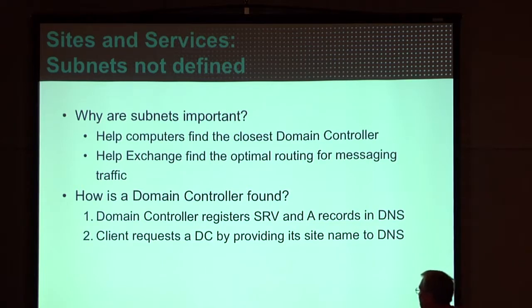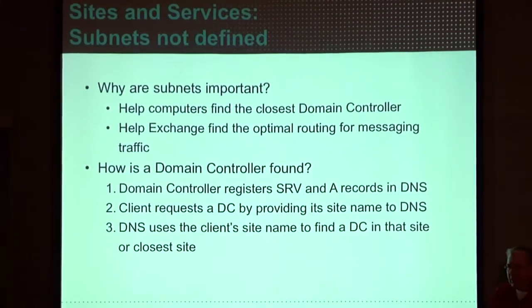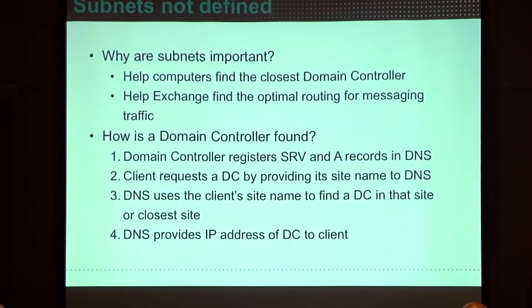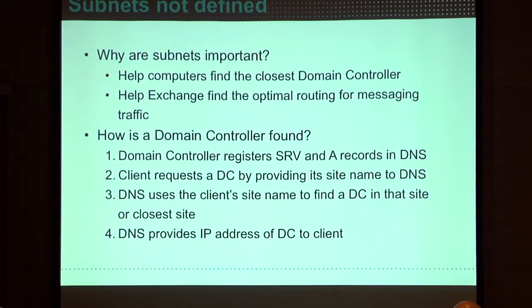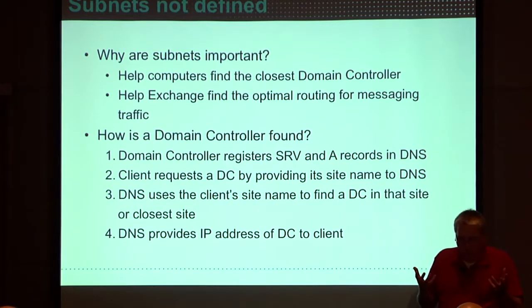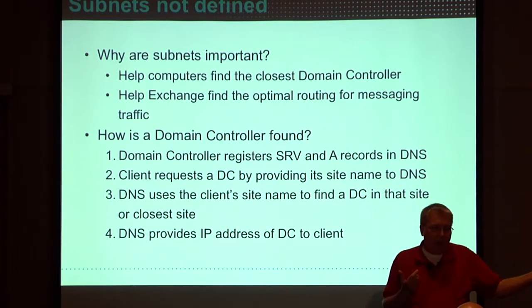Then a client requests a DC by providing its site name to DNS. And then DNS uses the client site name to find a DC in that site or the closest site. And then DNS provides the IP address of a DC to the client. The problem comes in if I'm a client and I've got an IP address that's not defined in Subnets in Sites and Services, what happens?